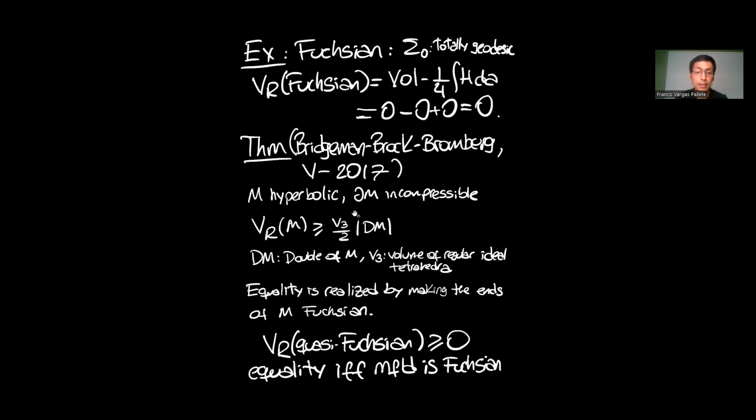And V3 times this Gromov norm is exactly going to be the hyperbolic volume of the double. So this is basically saying that renormalized volume of M is always greater than or equal to half the hyperbolic volume of the double.